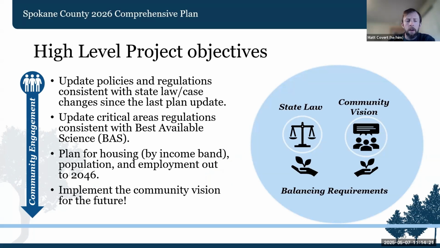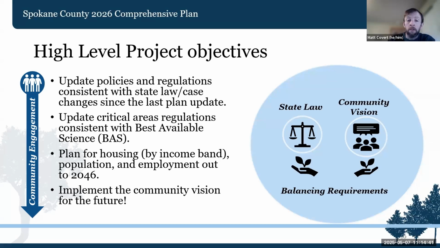There are several high-level objectives to this comprehensive plan update. As I mentioned, goals and policies are the bread and butter of the comprehensive plan and direct the county to do specific things. And the regulations then implement those policies.